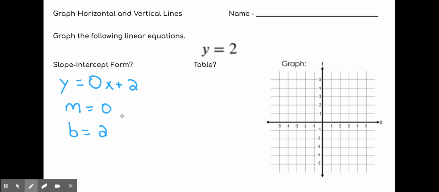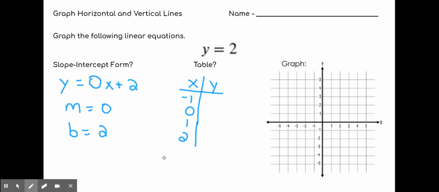Okay, let's talk about it one other way and then we'll see. Let's do this with a table. So I'm going to make a table and I'm going to choose my x values of -1, 0, 1, and 2. All right? But look at the equation. There's nothing to plug in for x. What are they telling me about y in this line?